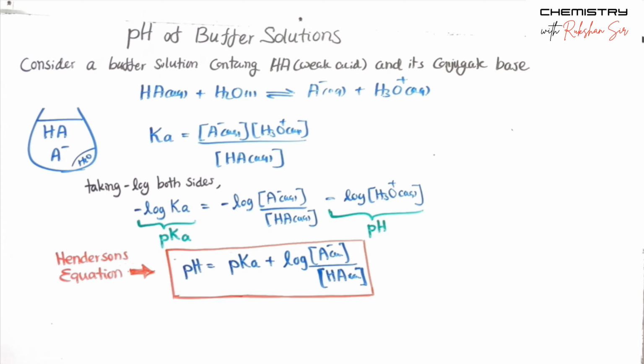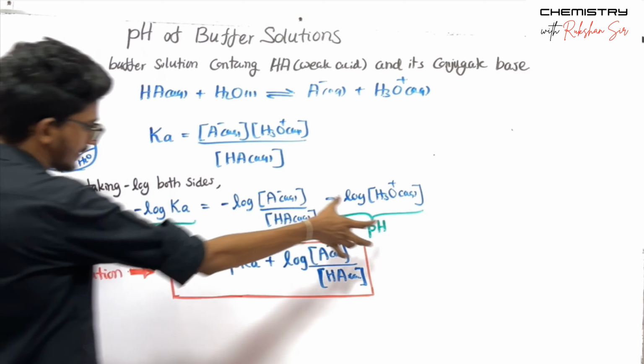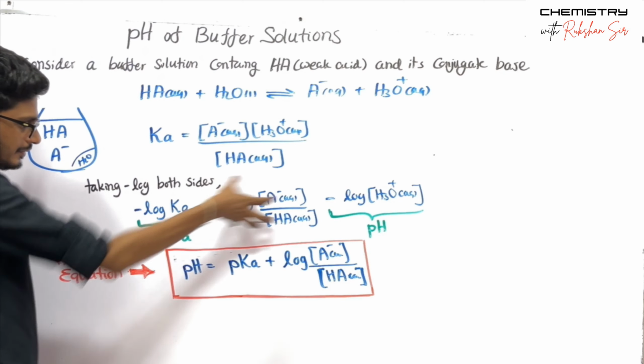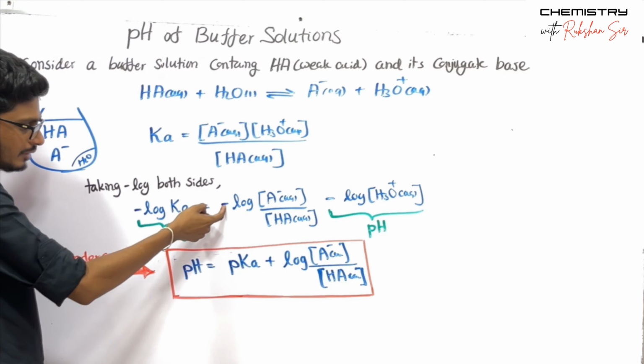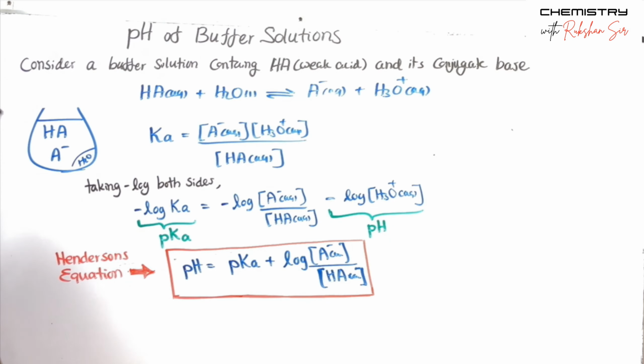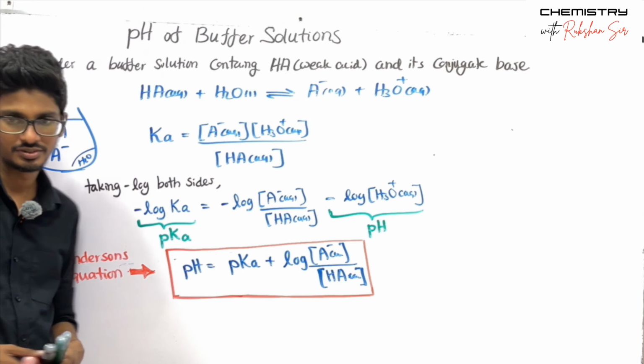If you need to make pH the subject, you bring pKa here, so this becomes plus. So this can be used to do the buffer calculations.